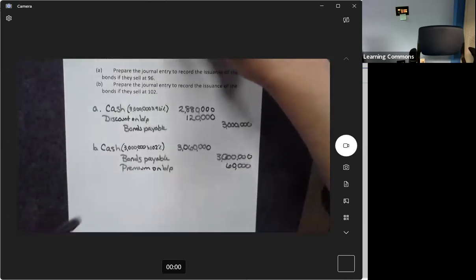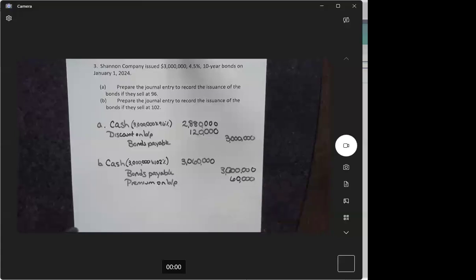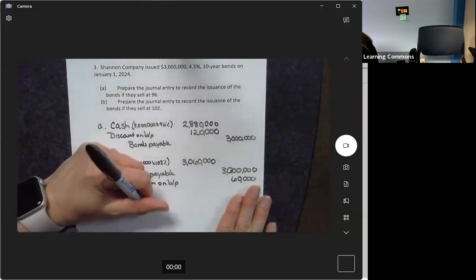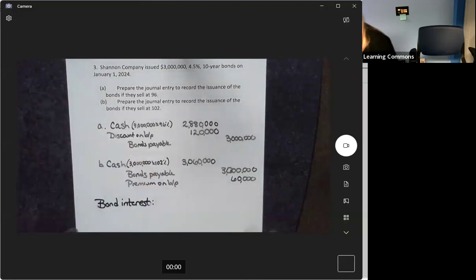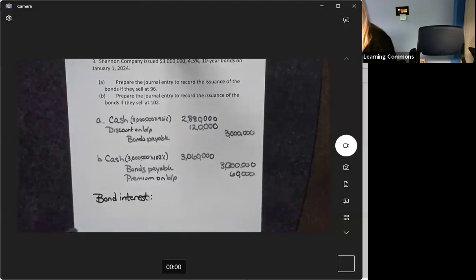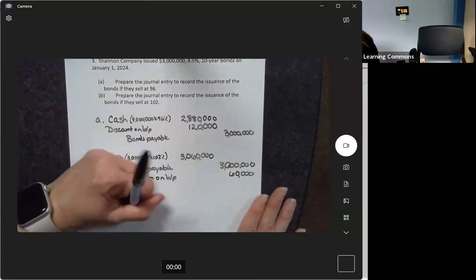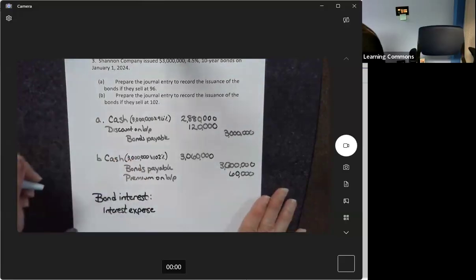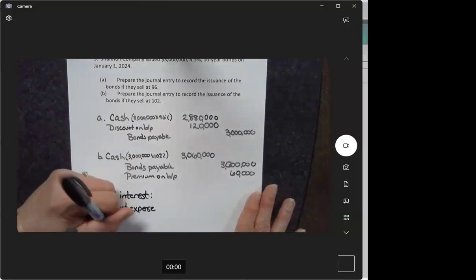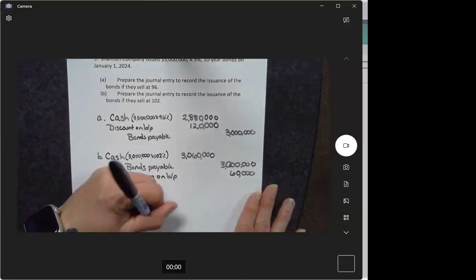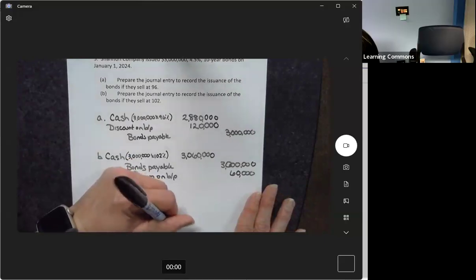One thing I want to add here as we're talking about bonds is just reminding you as well, when it comes to bond interest, I want you to remember that there is a difference between how we calculate interest expense on a bond versus the cash payment for the interest.